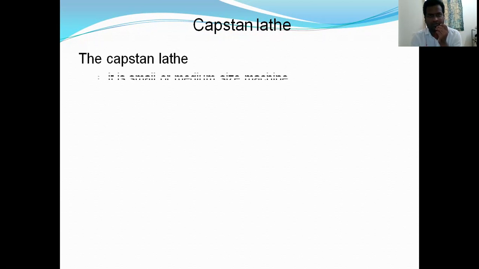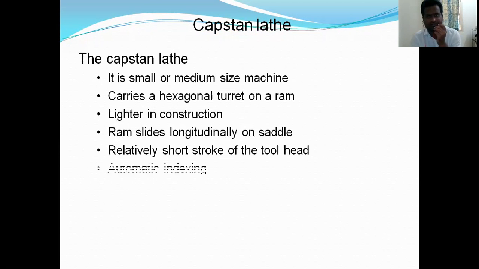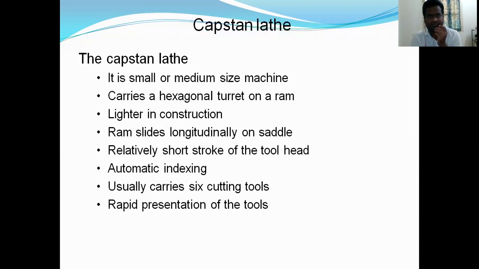Now we are going to discuss the capstan lathe. It is a small or medium sized lathe, and it carries a hexagonal turret on a frame. Similar to the turret lathe, it also carries a turret. It is lighter in construction compared to the turret lathe.